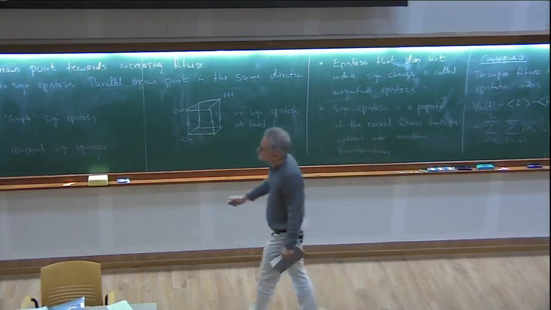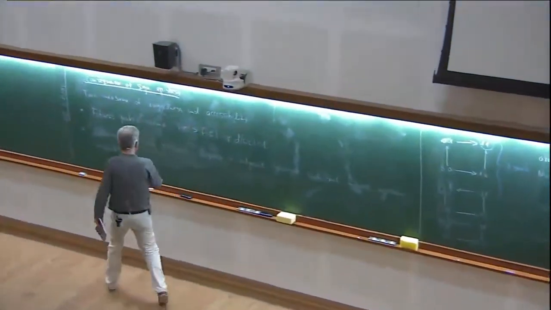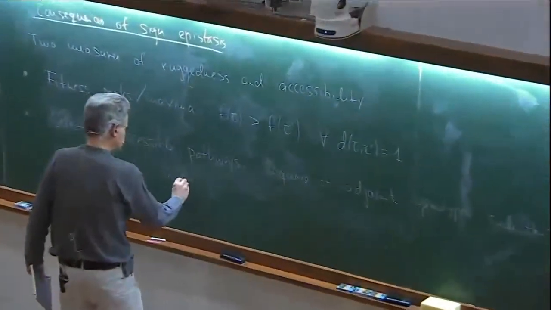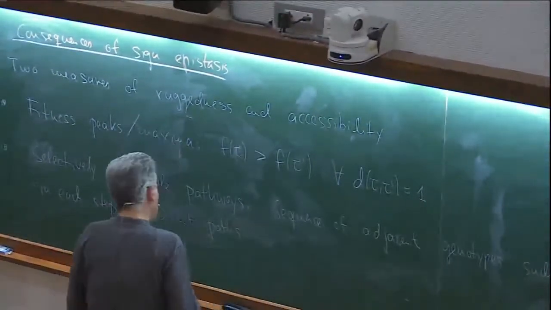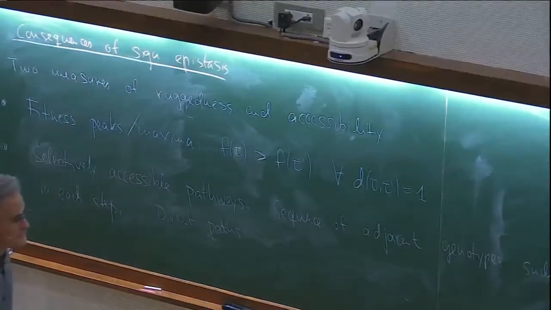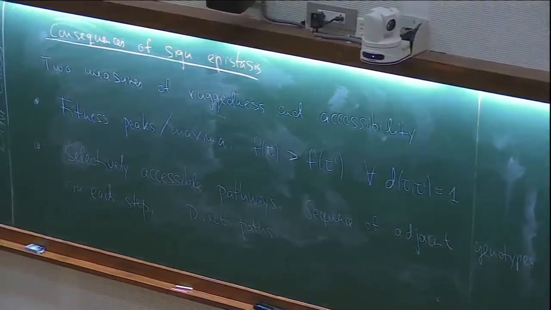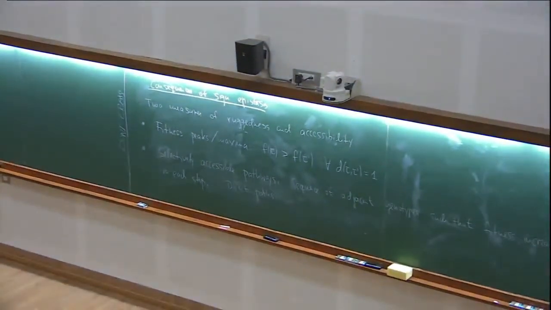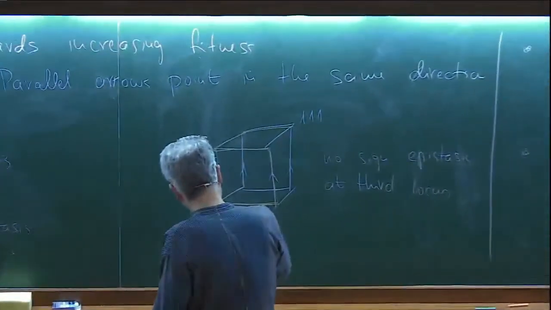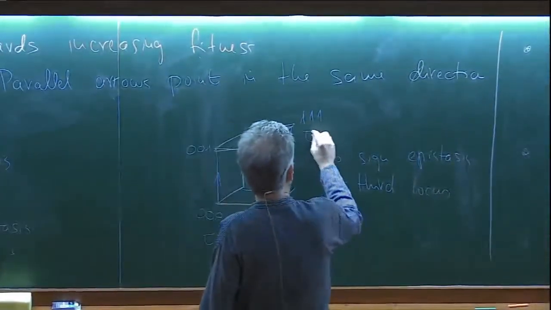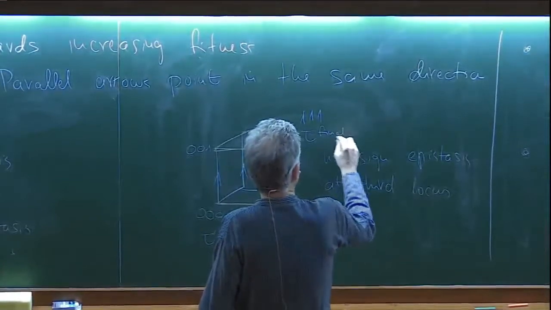Right. So we have to distinguish between direct paths and indirect paths. Let's say we start from some initial genotype, let me call it tau initial, and we end up at some final genotype.